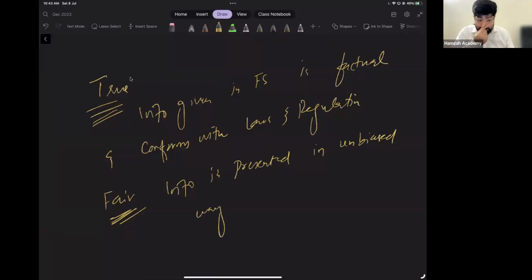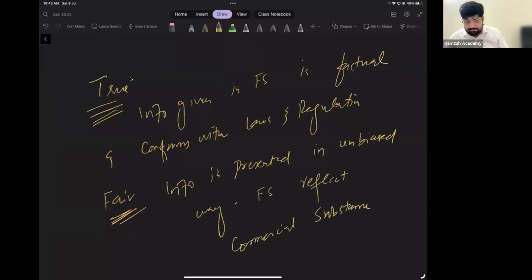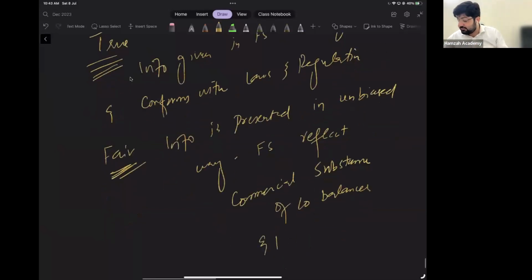It can be manipulated. It is an art, you know that. And the financial statements reflect the commercial substance of the company's balances and transactions. I will explain.